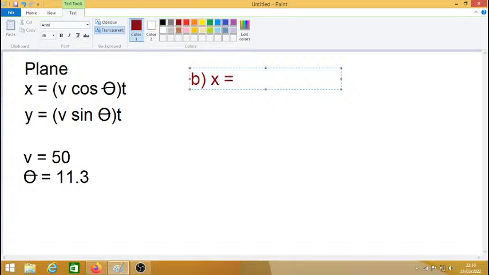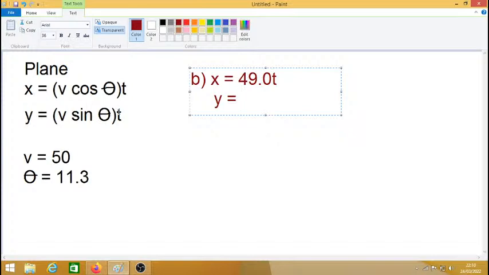So we had x equals, and then we substituted in v is 50 and theta is 11.3, and we ended up with 49.0 times t. For y, again, we did the same substitution: v is 50, theta is 11.3.